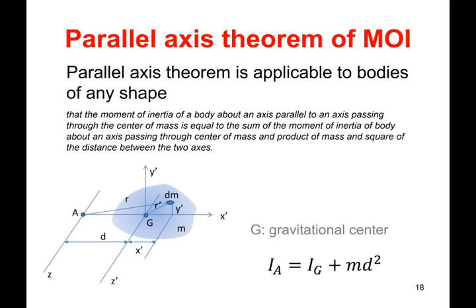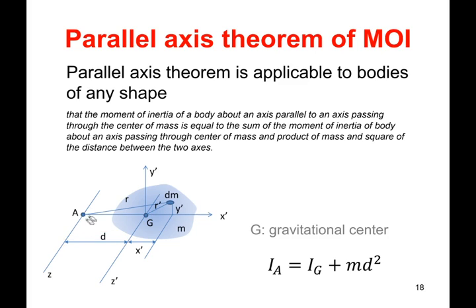To find the moment of inertia of this body with respect to this axis, we essentially have to find the moment of inertia with respect to the center of mass, right? And then find the distance between the center of gravity and the new center of coordinate system, if you will, which is going to be the distance d. Okay, and this d can have x, y, and z component.